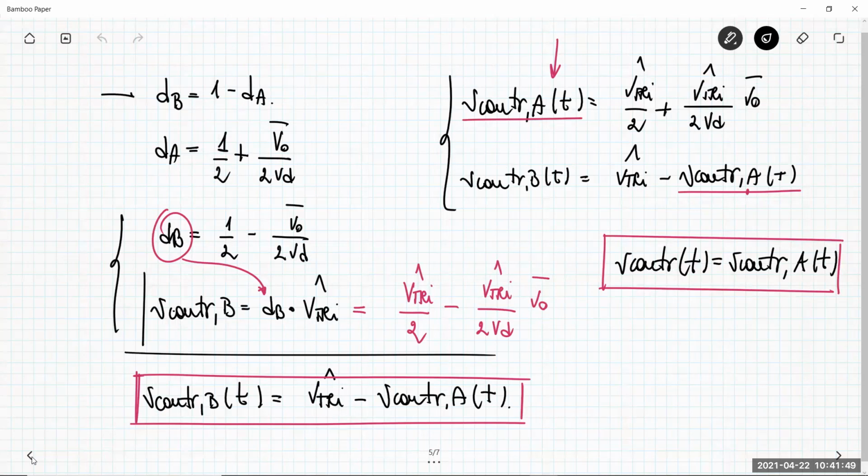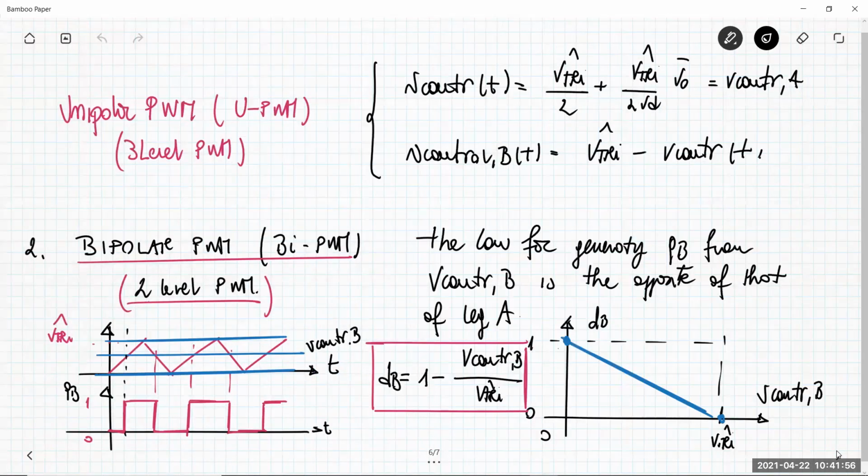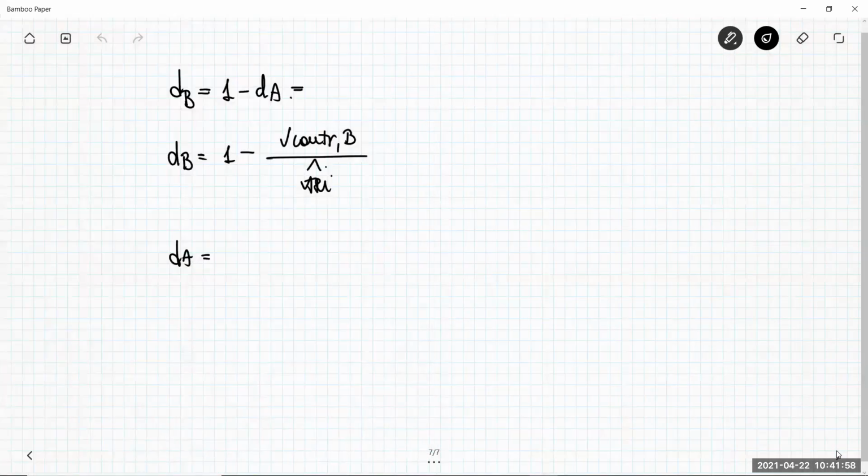So dB is 1 minus dA. dA is one half plus V naught over 2Vd, so dB is one half minus V naught over 2Vd.